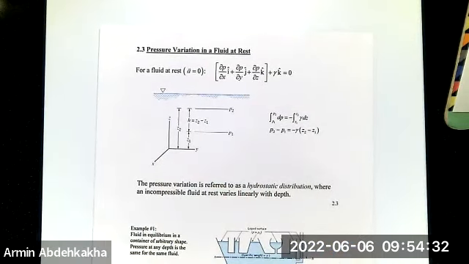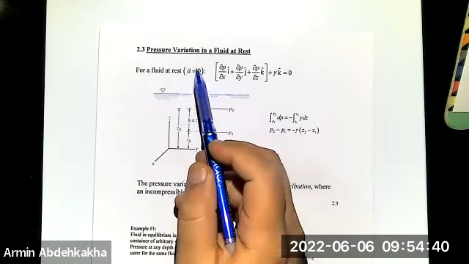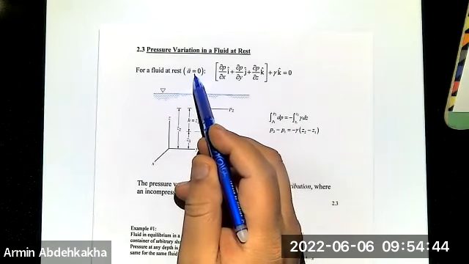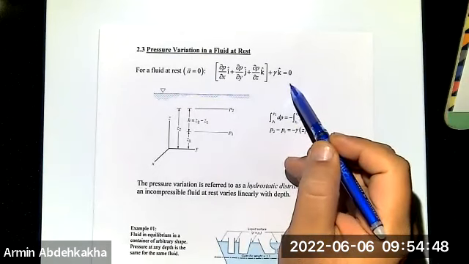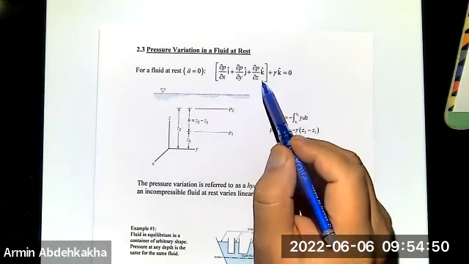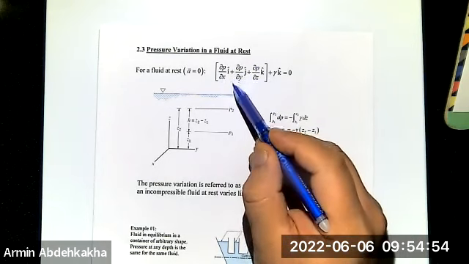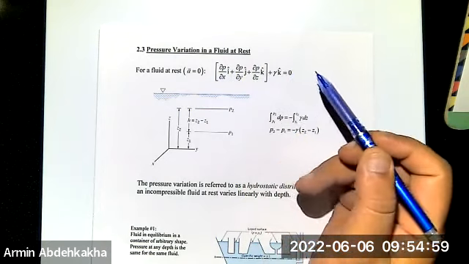So you have acceleration and the fluid moves, right? But now pressure variation when the fluid is at rest means that A is equal to 0. Then you don't have the other term, and from the general equation, the gradient of the P plus gamma K should be 0.